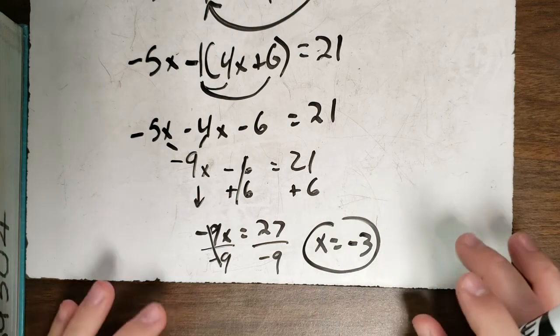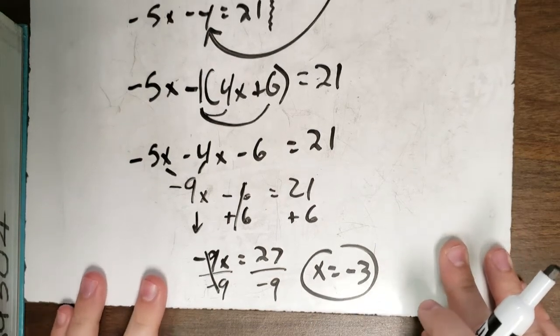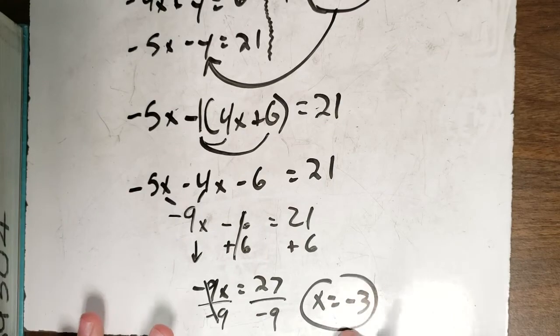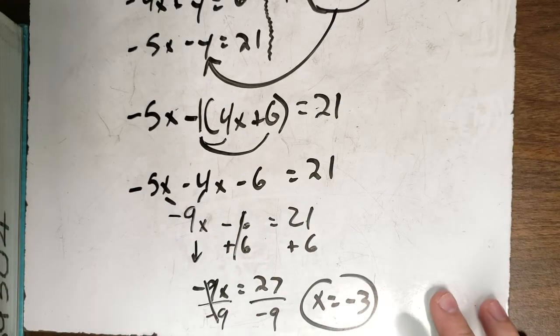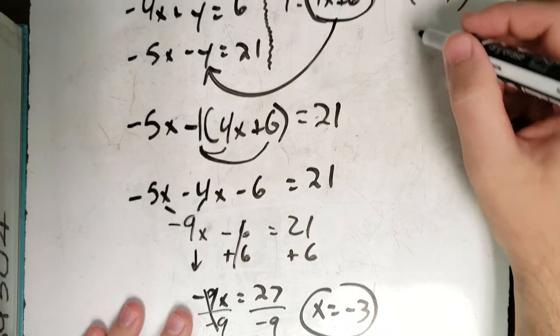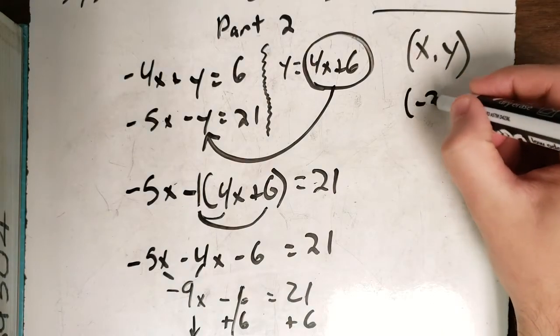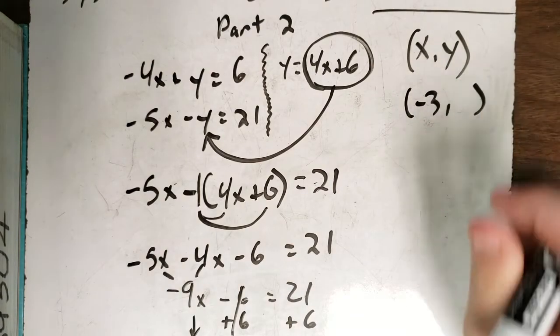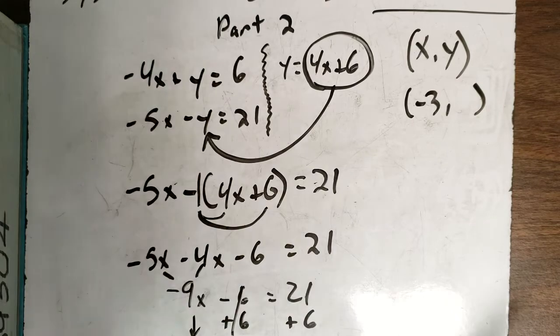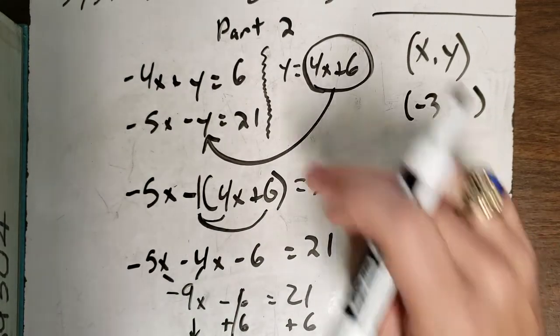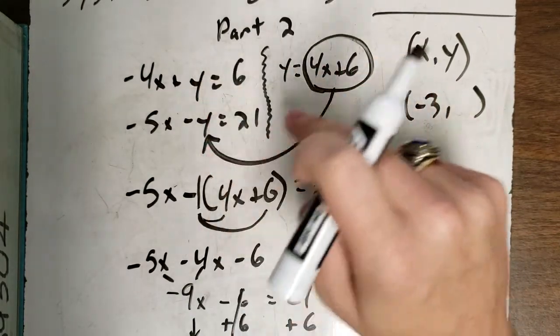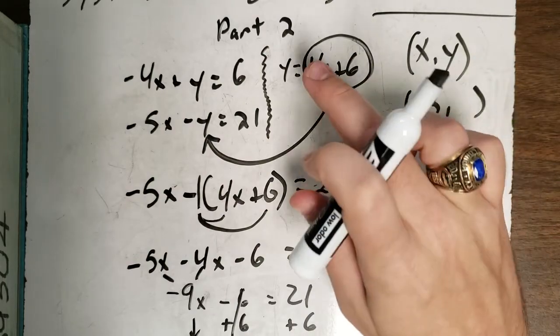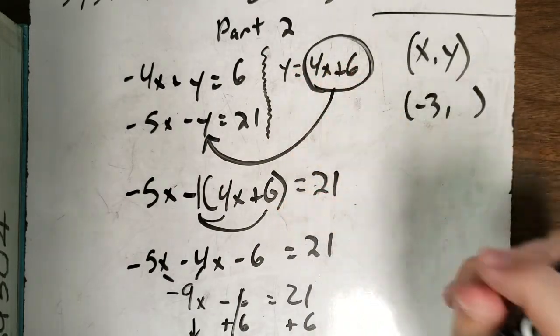So that's our x, negative 3. So all that to get this here. So now we found our x. Okay, our x is negative 3. Now we have to find our y. So pick an equation. Okay, we can use this one, we can use this one, or we can use this one. Because we already found the y by itself here, let's just use this one. It's easier.